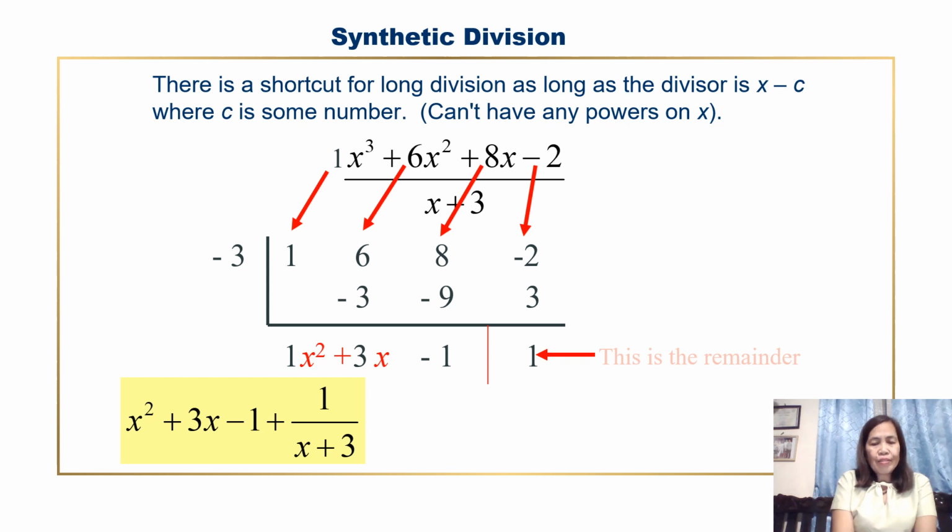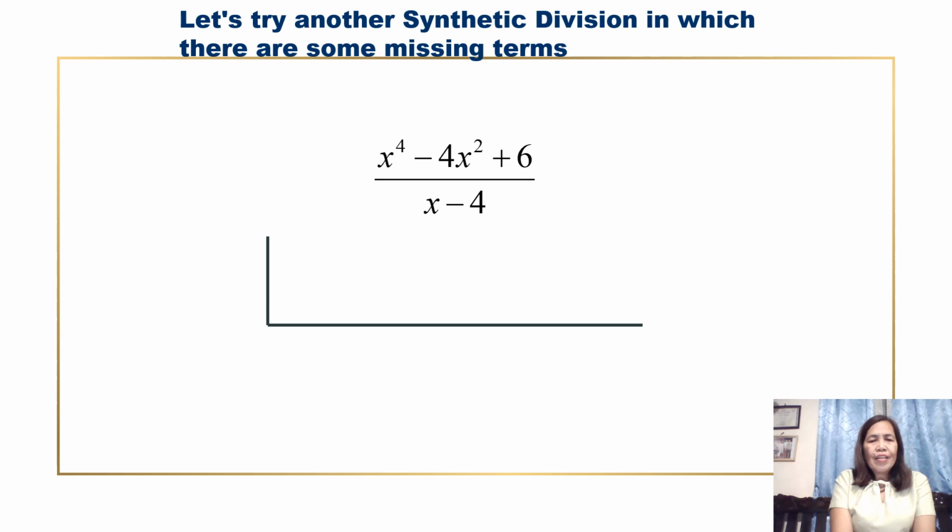Okay, let's have another. Let's see that for a problem with some missing terms. Why missing terms? Look at the exponents of the dividend: x to the 4th minus 4x squared plus 6.